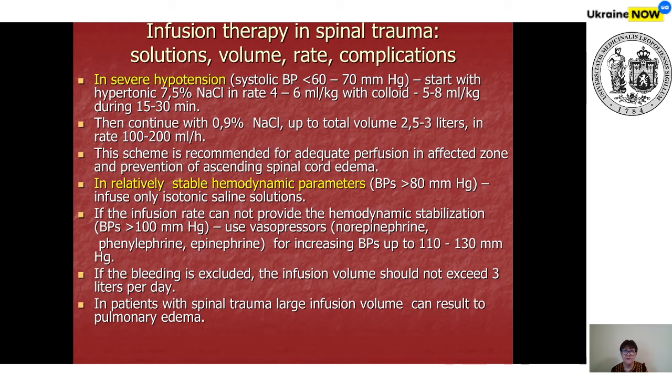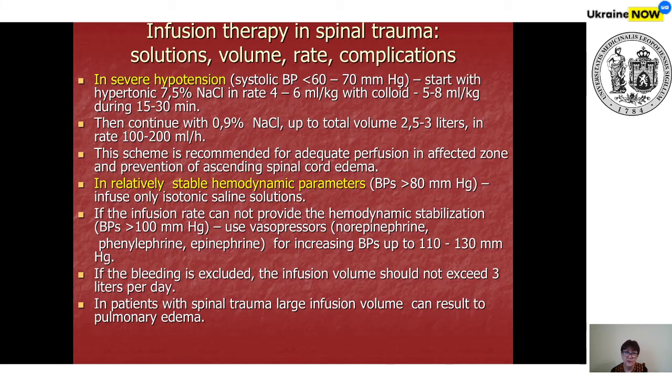Infusion therapy in spinal trauma. In severe hypotension with systolic blood pressure less than 60 millimeters of mercury, we should start with hypertonic sodium chloride 7.5% in rate 4-6 mL per kg. Maybe colloids can be considered in severe hypotension.